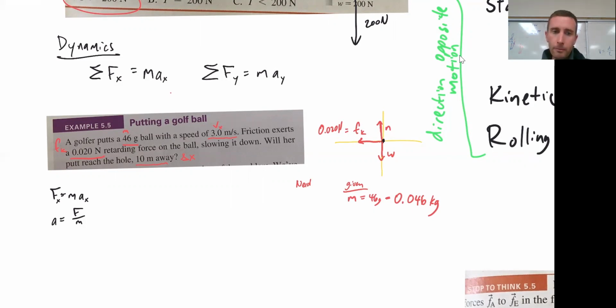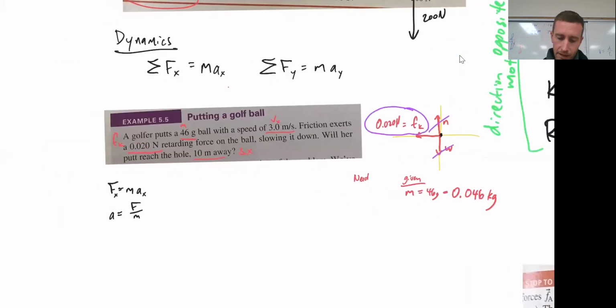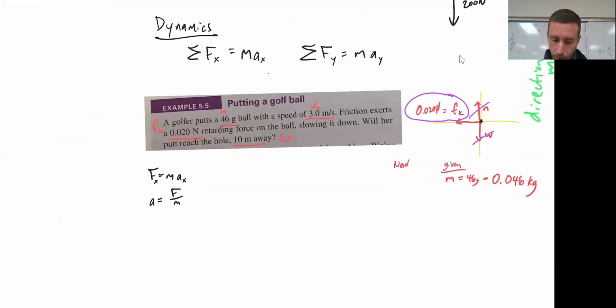So will her putt reach the hole 10 meters away? Well, the first thing is that I can ignore these forces because they're going to cancel each other out. So all I've got, my total net force, is the force of kinetic friction, 0.02 newtons. So I could start by finding its acceleration. Force in x equals mass times acceleration in the x direction. I can ignore the y's because it's not moving in the y direction, up and down.